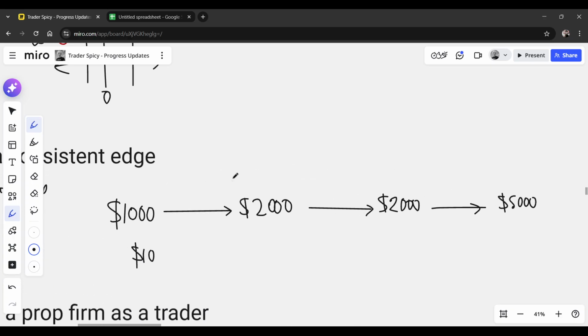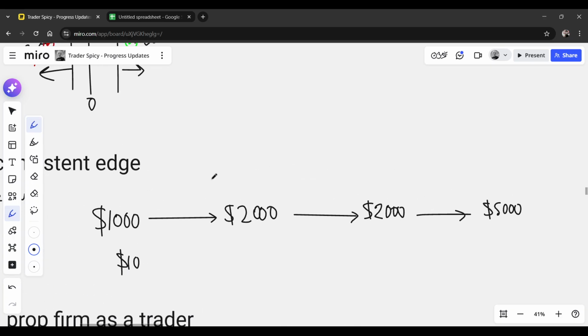So the scaling up plan, I usually like to go in increments where I would double the size. So I'd go from like 1K, just to keep things simple, 1K, 2K, 5, 10, 15, 20, 30, 40, 50. And let's pretend this is in thousands, right?